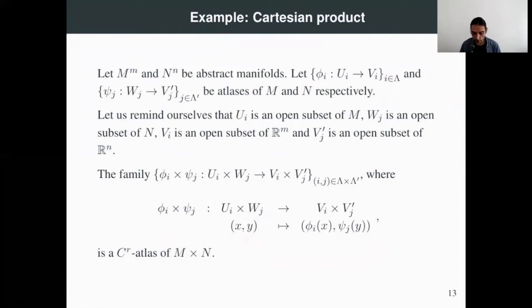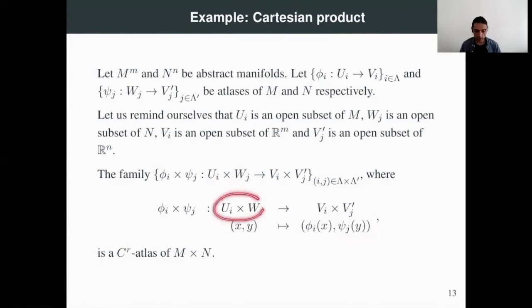The first coordinate, which is in V sub i, is going to be phi sub i applied to x, and the second coordinate is going to be psi sub j applied to y. In this way, we have a homeomorphism.